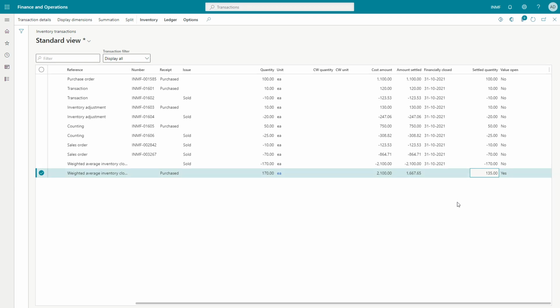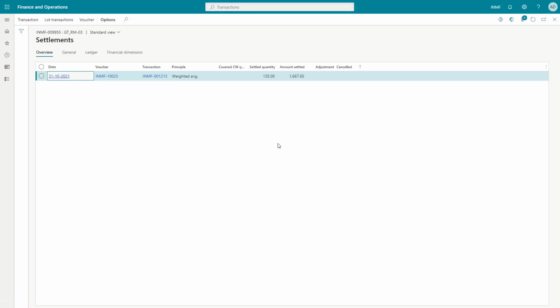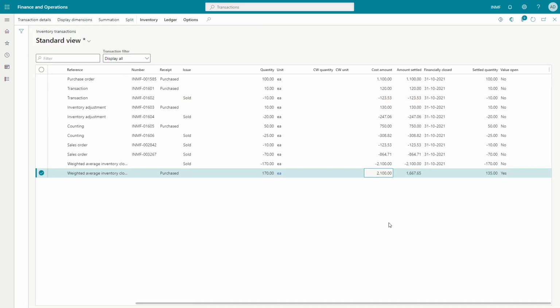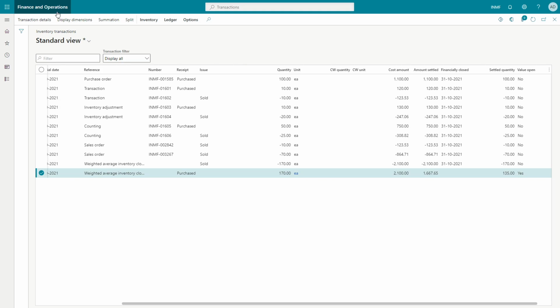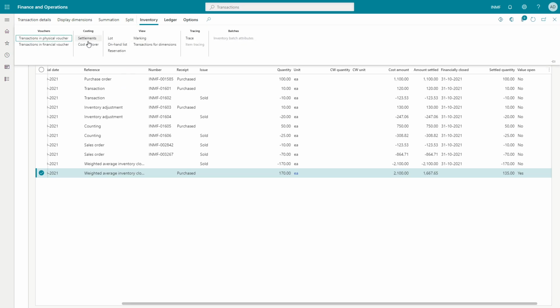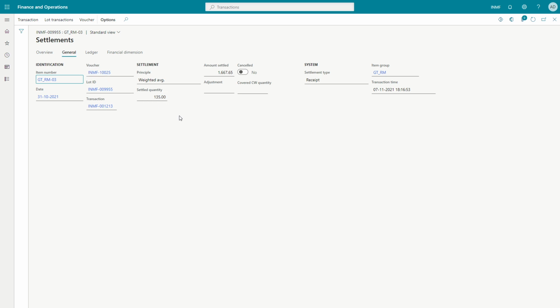Now, if you want to see what is settled against this particular transaction, then from this inventory transactions, you can go to inventory and then see the settlement. Just a second. It has happened. So click somewhere else. This 135 quantity is settled and this much is settled. Now let me see something.